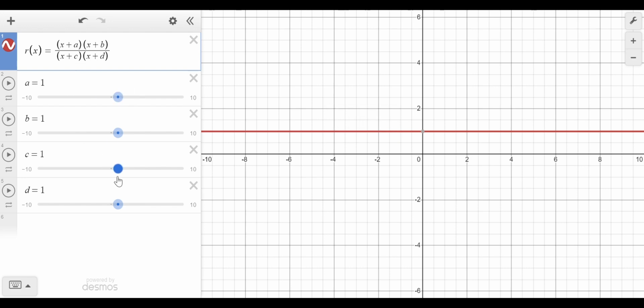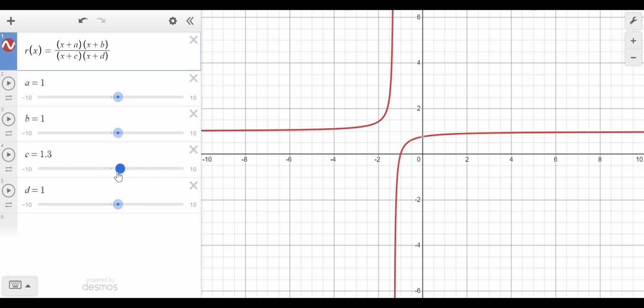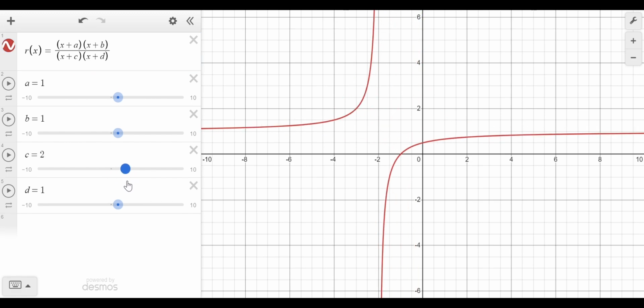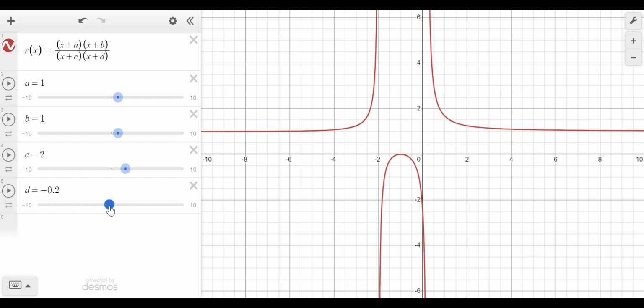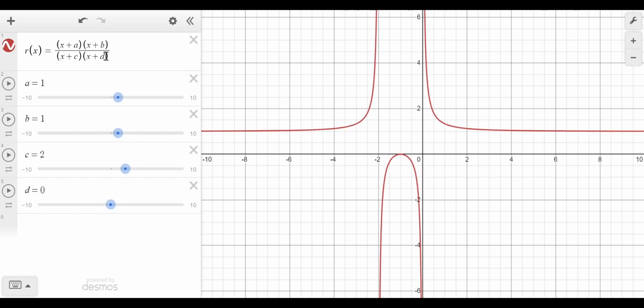Now let's play around with things. Let's change the denominator's values a little bit. So here I have c at, let's say, 2. And notice how that makes an asymptote at -2. Let's change my d. Oh, I've summoned another one. Let's say d is 0. And now I have just an x here, because x plus 0 would just be x. You can see now I have these two asymptotes.